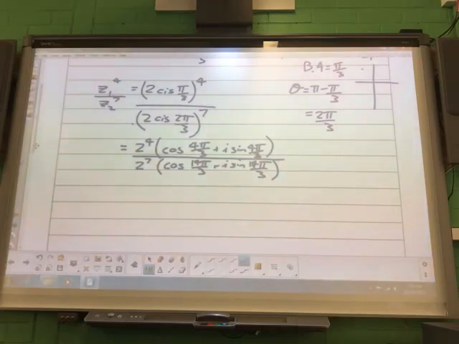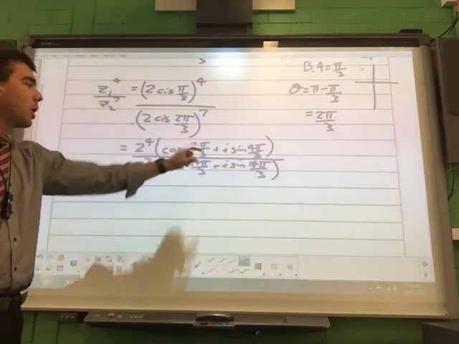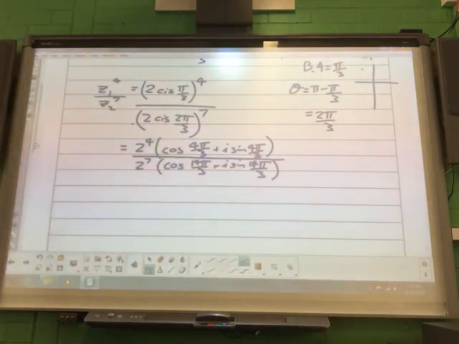We really could have left it just like this anyway. So what we need to do is 4 pi on 3. Pi on 3 is 60, 60 times 4 is 240. Am I right?